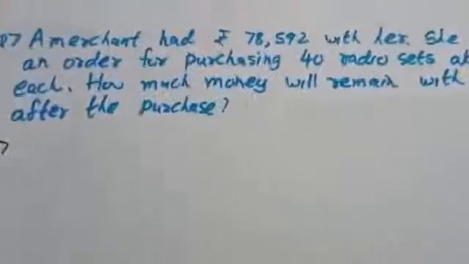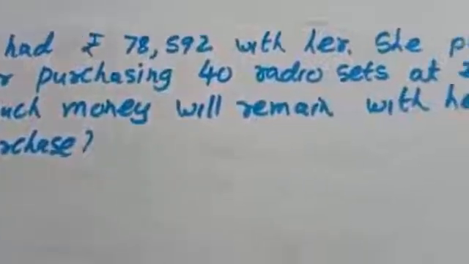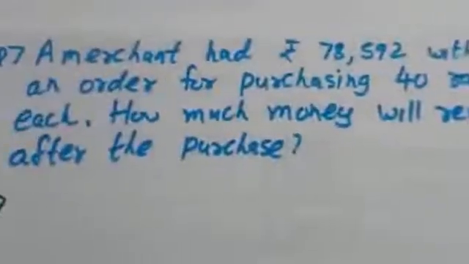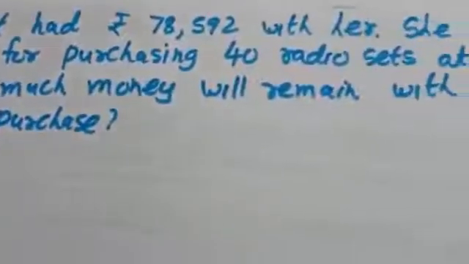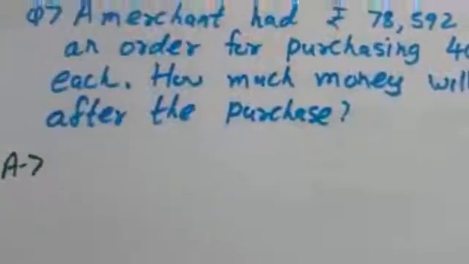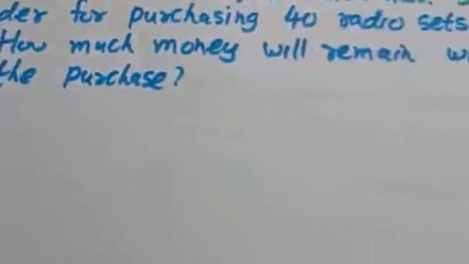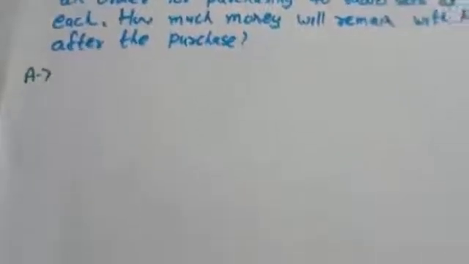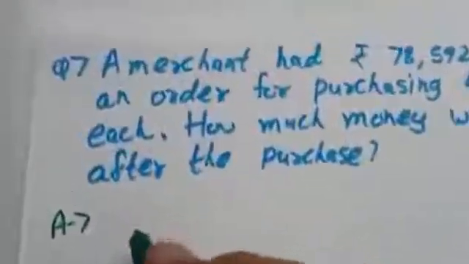Question number 7. A merchant had rupees 78,592 with her. She placed an order for purchasing 40 radio sets at rupees 1200 each. How much money will remain with her after the purchase? So we will start this sum.